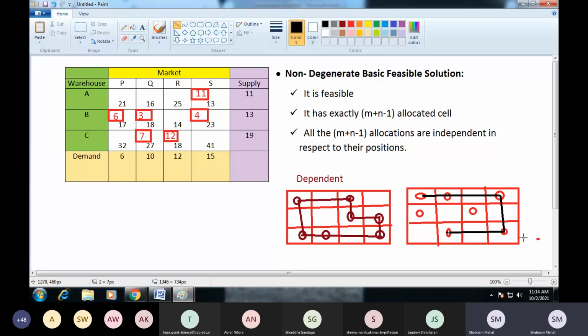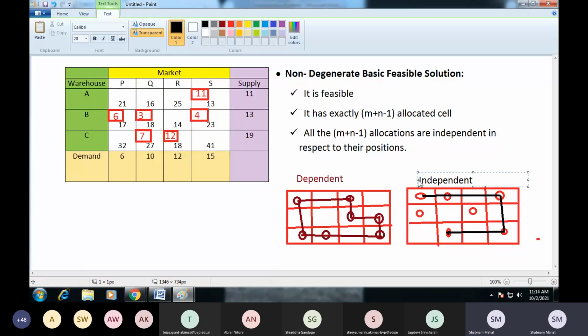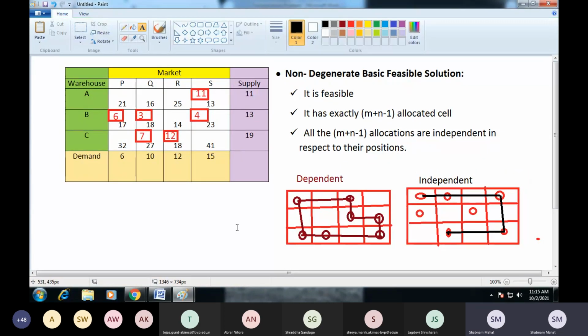Now we have to check that. I write down here: independent solution. Okay, this is independent, so I think everyone understood. Try to check whether our solution forms a loop or not. If I start from my first cell, this is my first connection.